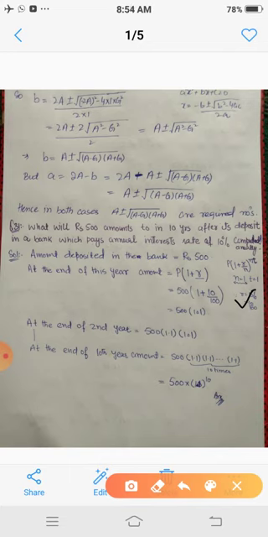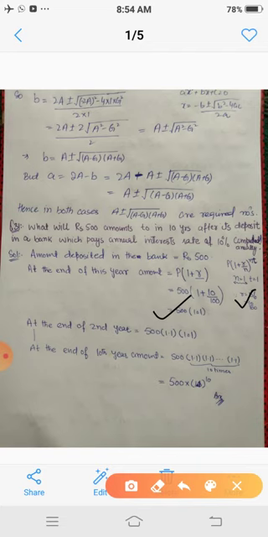We know that compound interest is calculated by P into (1 plus r by n) raised to nt, where t is the time. Here time is 1 year, and n is the number of times the interest is applied. Here interest for 1 year is applied only one time, so n is 1. After simplifying, at the end of first year, amount will be 500 into 1.1.